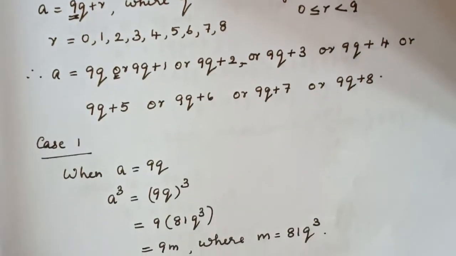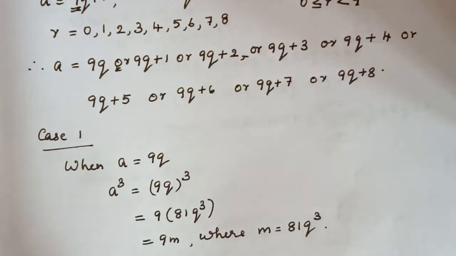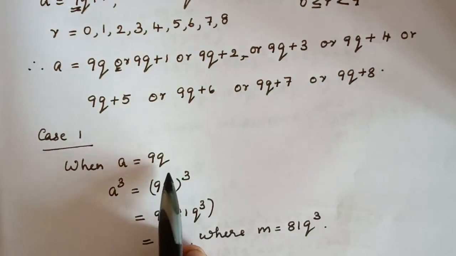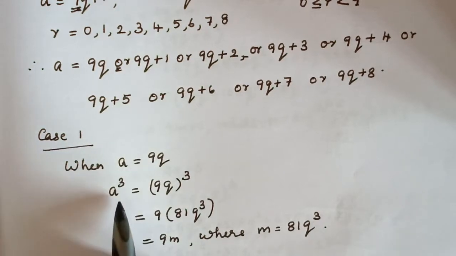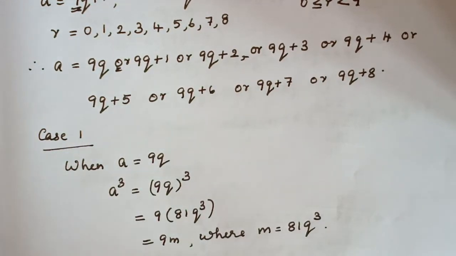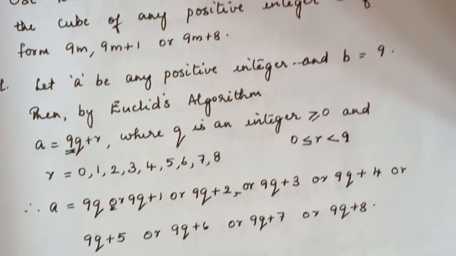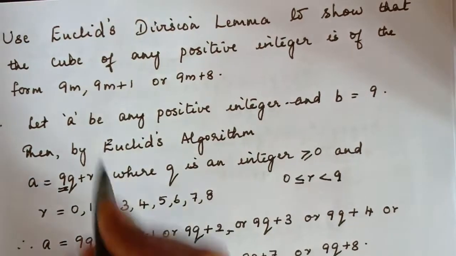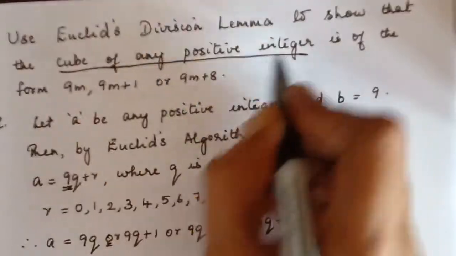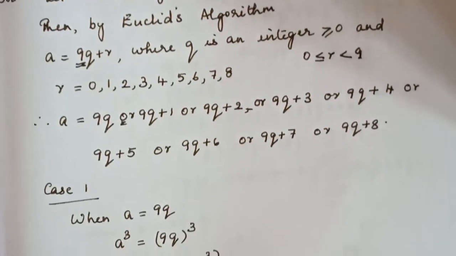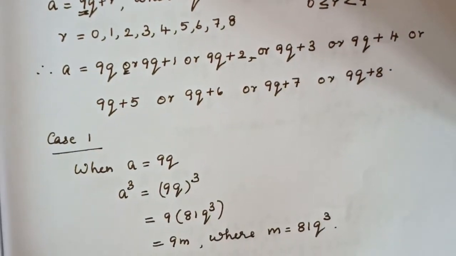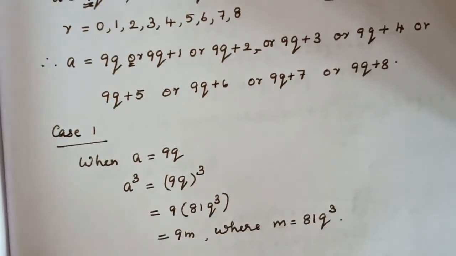Case 1. In case 1 we are taking a is equal to 9q. A cube we have to take because in the question itself it is given to show that the cube of any positive integer. So we have to take the cube of the positive integer a.